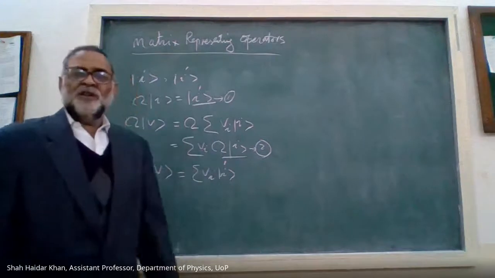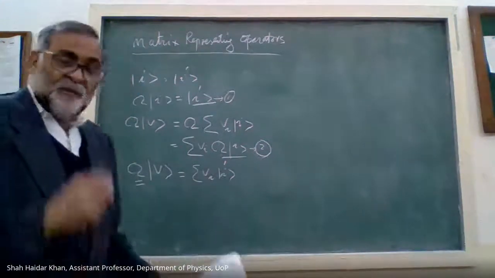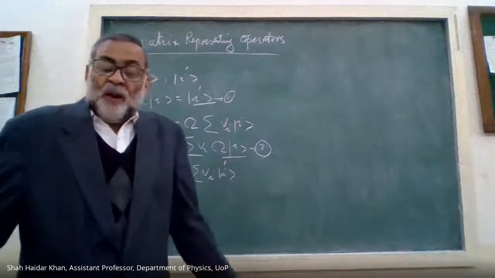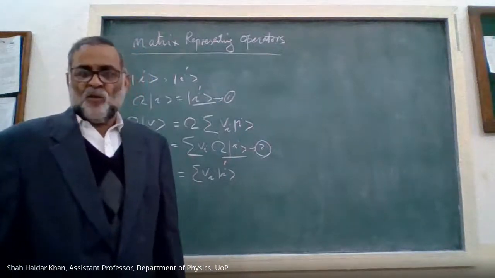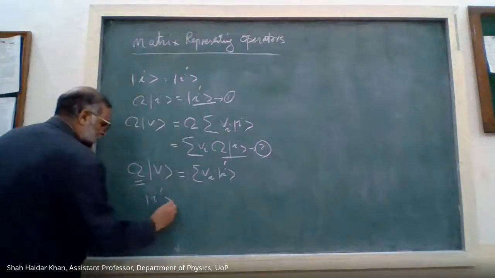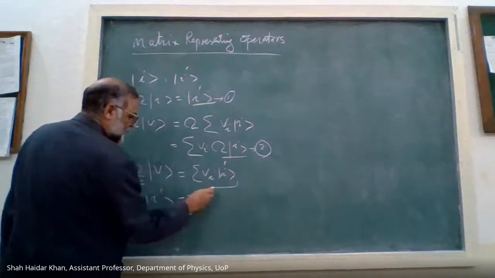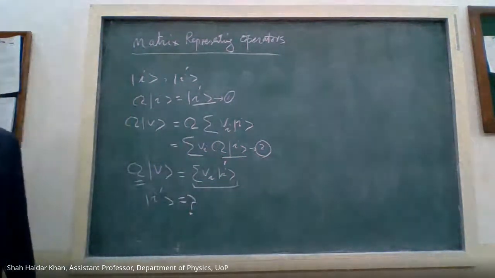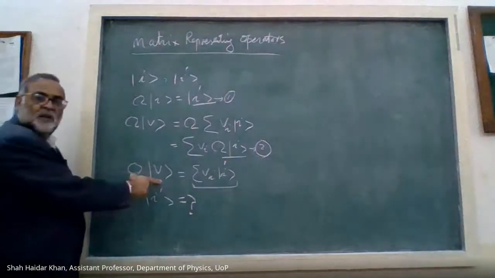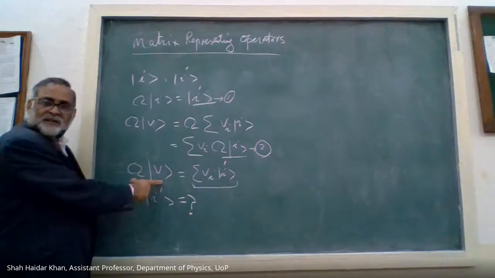Now we have to find how the operator is related to i prime. What is the form of the new basis vector? This is the result of the operator acting on some vector V given in a basis.